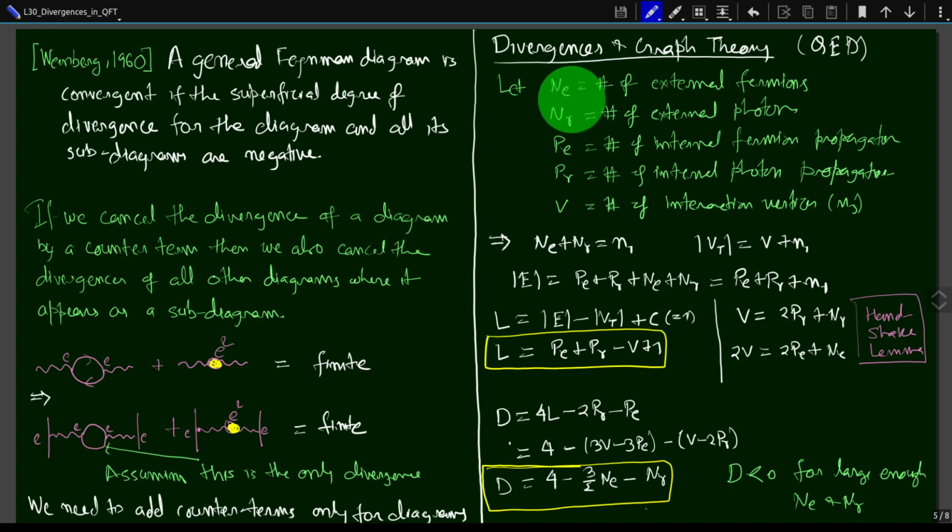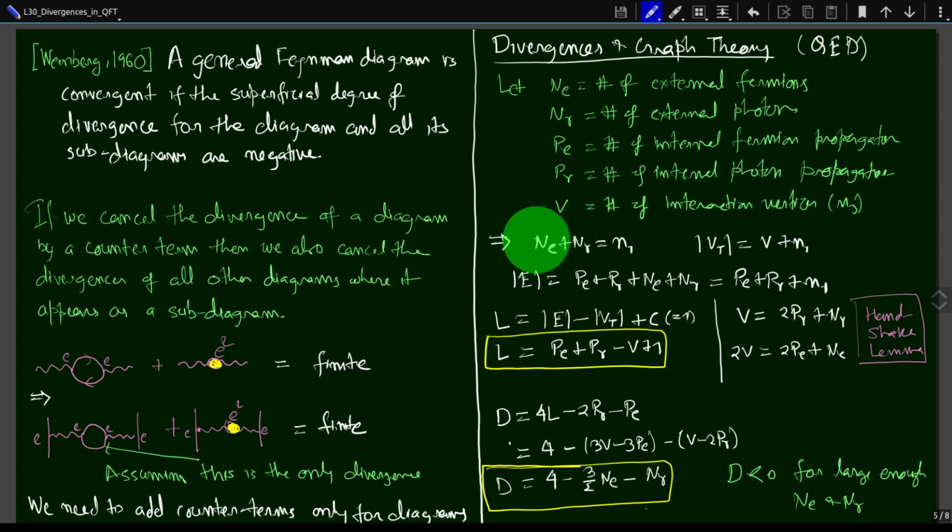Now let's talk about the divergence and graph theory, with the example of QED. So let N_e be the number of external fermions and N_gamma the number of external photons, P_e the number of internal fermion propagators, P_gamma the number of internal photon propagators, and V the number of interaction vertices, which is the N3.